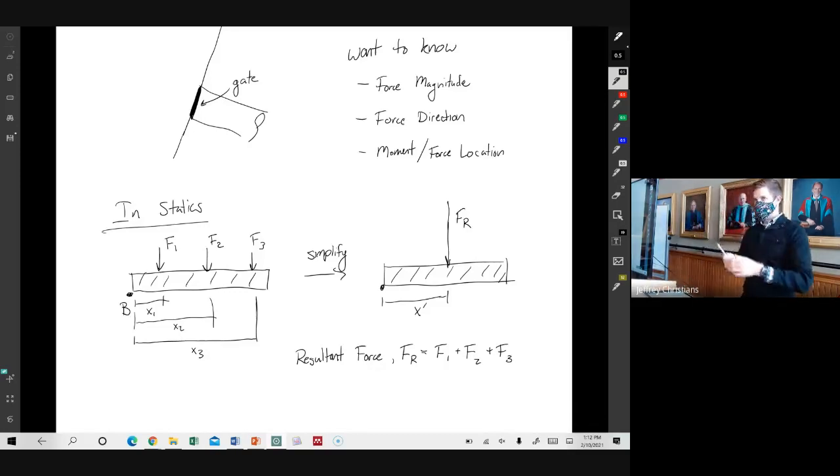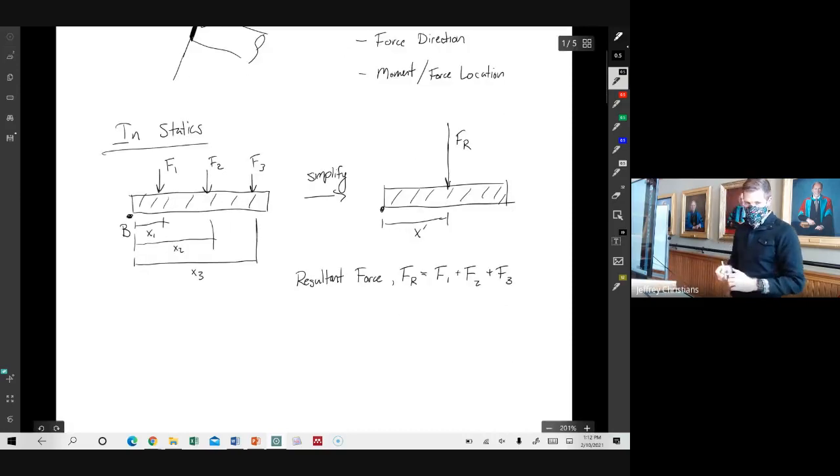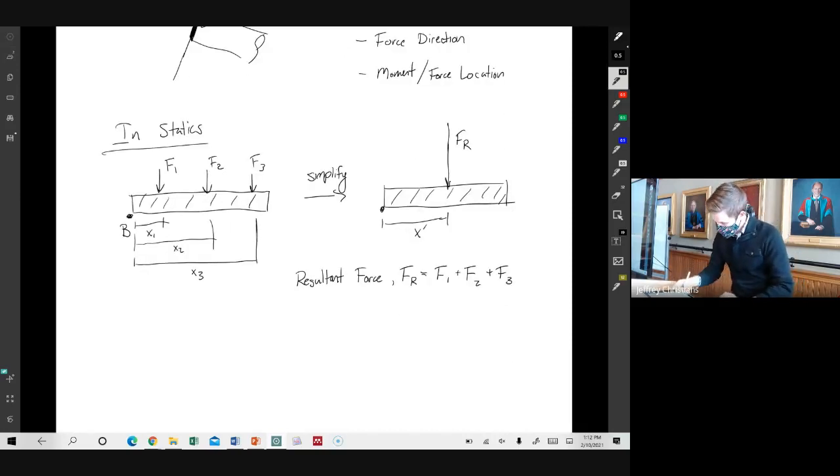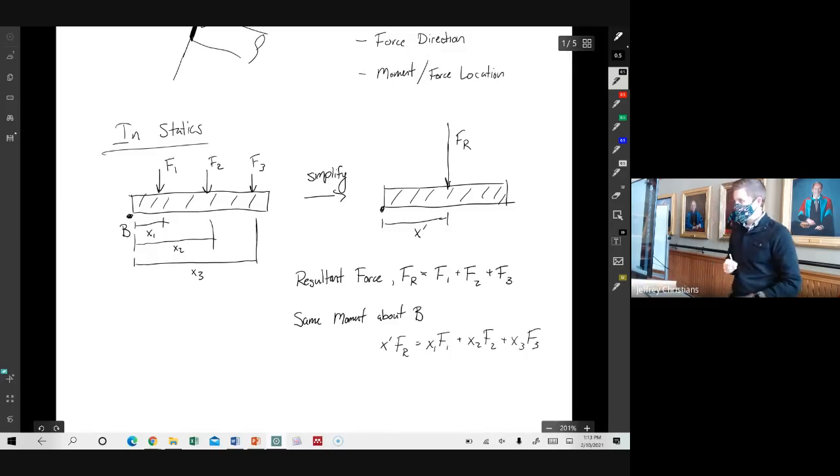It's just the sum of all the forces. And for the location, the same moment about point B, we would have x prime Fr equal to x1 F1 plus x2 F2 plus x3 F3, right? This is all coming back to you now?